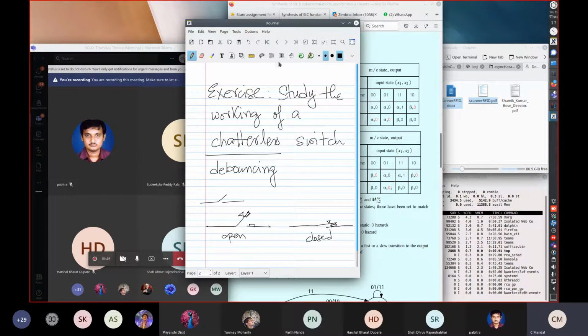Now, assume that this is at logic 1, and this is called a passive pull down, because if you leave it floating, it could be at some arbitrary voltage.